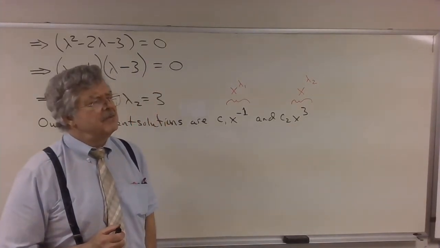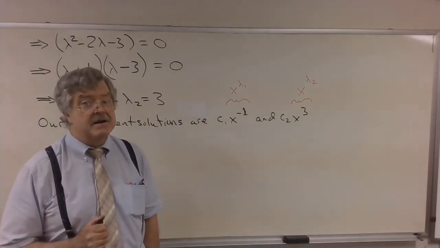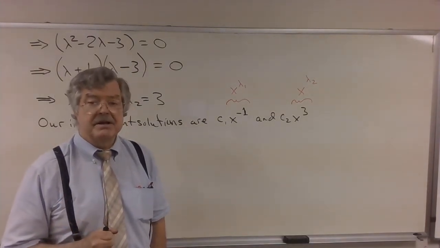So in general, if we have an Euler equation of degree n, then we expect to get n independent solutions.